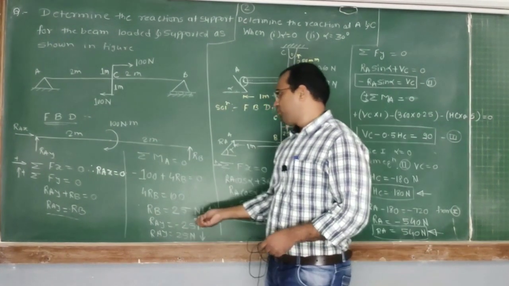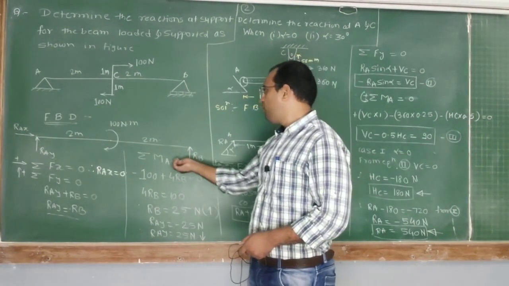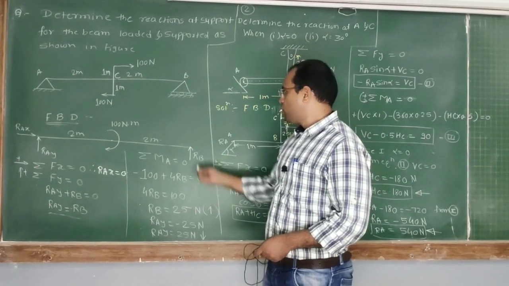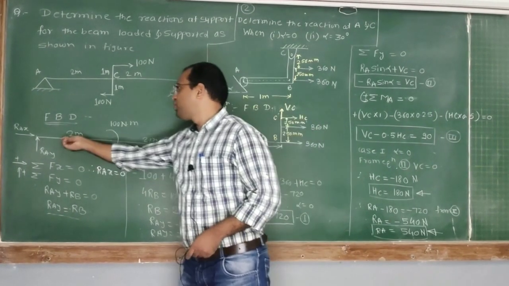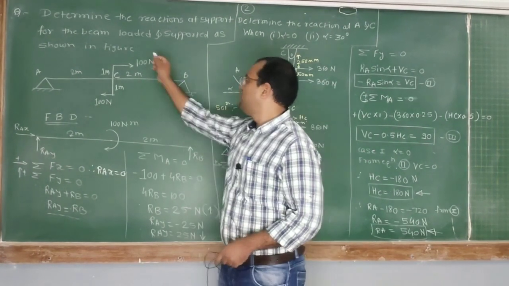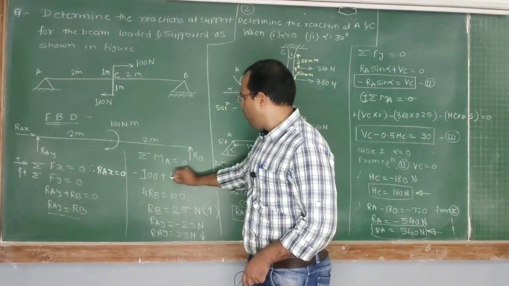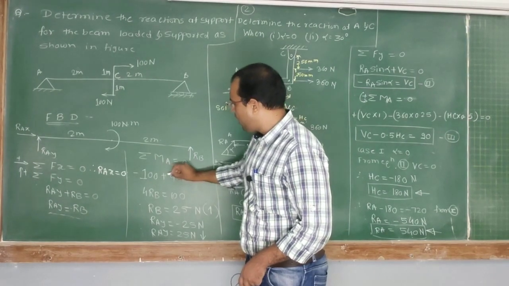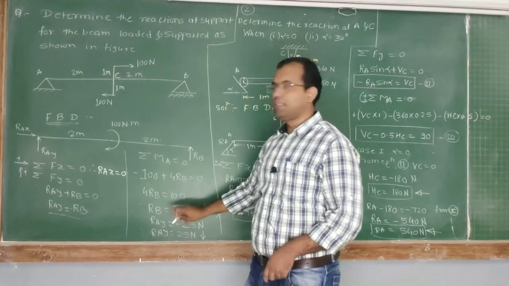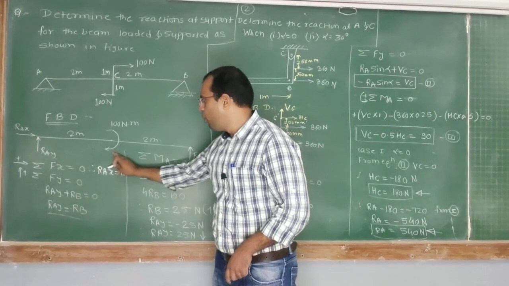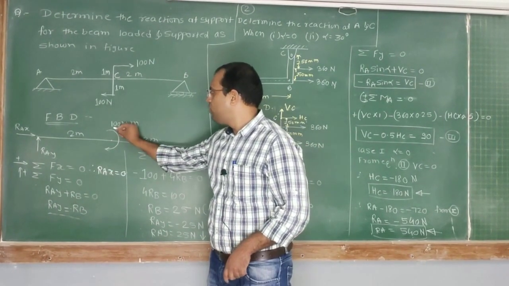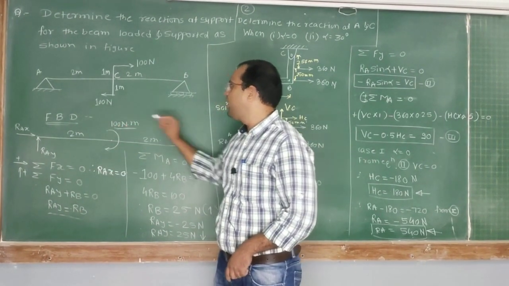So therefore summation of moment about A, so RB into this distance 4 will create the moment in anti-clockwise sense. Therefore 4 into RB, I have noted it by a notation plus, and this is moment. If you observe, its unit is 100 Newton meter.